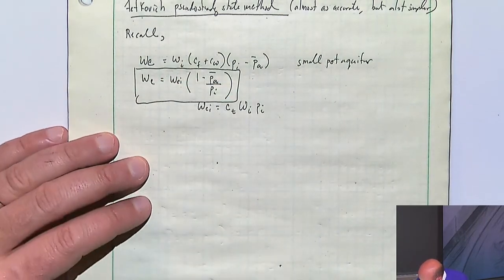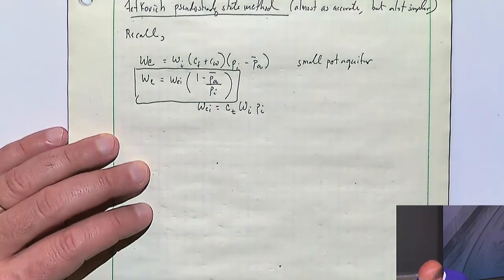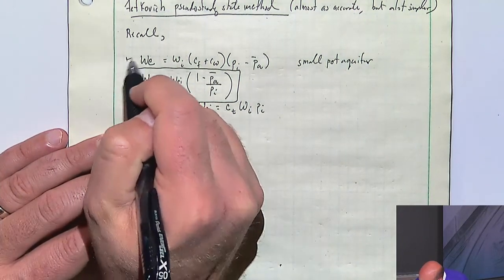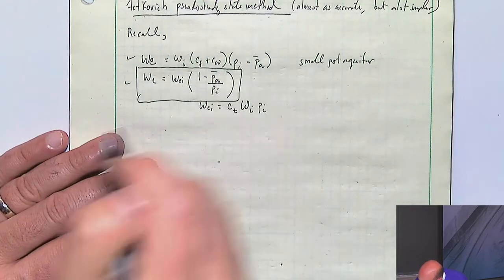If you don't quite see where that comes from, just multiply it out and show that these two things are the same. They should be. So this is WE.